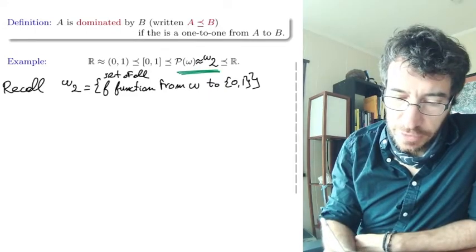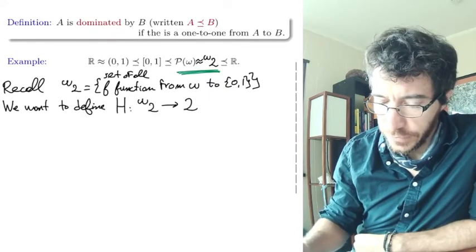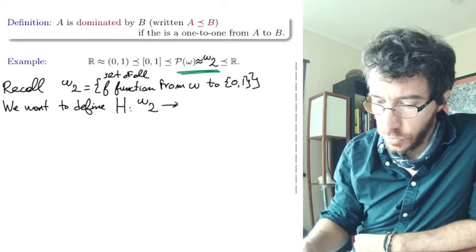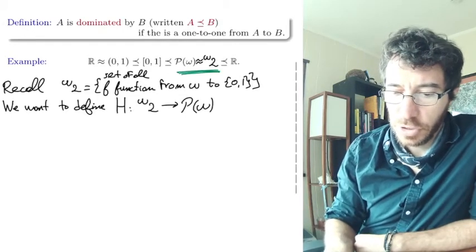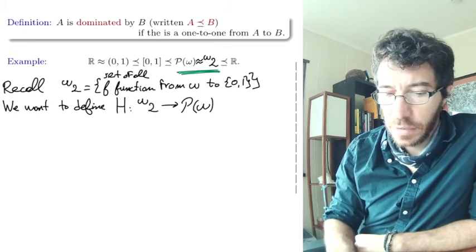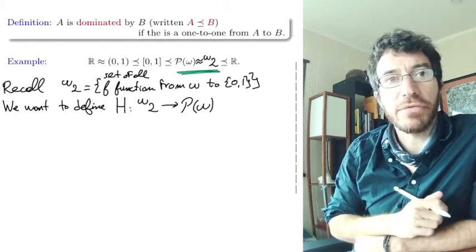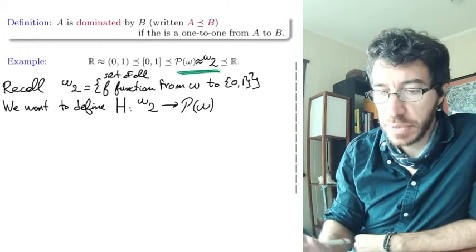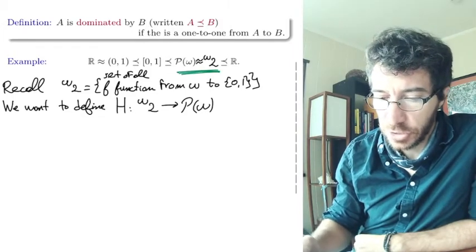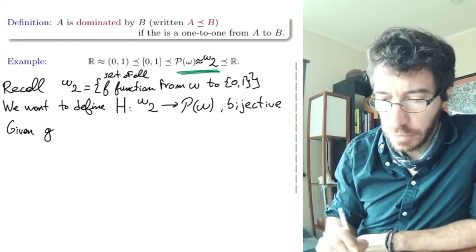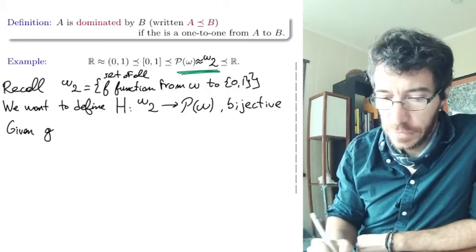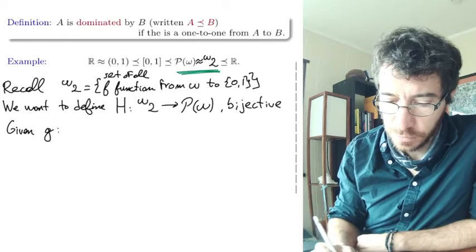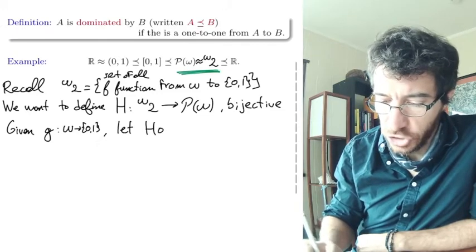So we want to define, let's call it h, from the set of functions from omega to 2 to the power set of omega. We want to define a function that maps every function from omega to 2 to a subset of the natural numbers, and we want it to be a bijection. What is the function? Given a function g that belongs to the set of functions from omega to 2, let h of g, right?